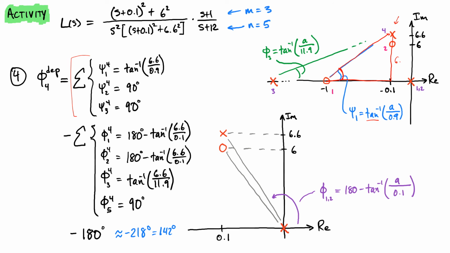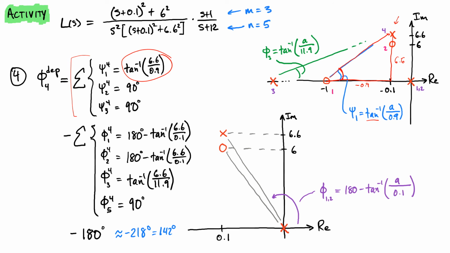This is 6.6 on this leg, and this is the distance between -1 and -0.1, so that'd be 0.9. That gives us 6.6 over 0.9 with that inverse tangent, and that is exactly where we get this term.